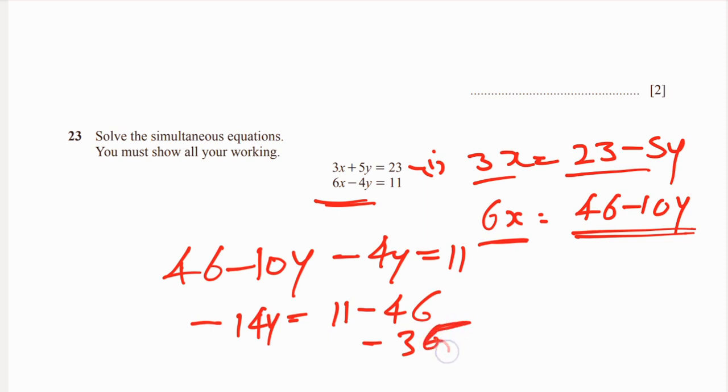No, 35, sorry. Okay, so the value is 35. So minus 14y is equal to minus 35, or y is equal to minus 35 over minus 14.